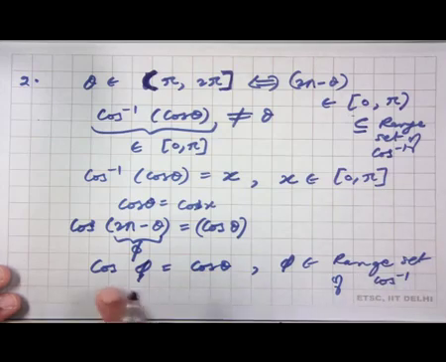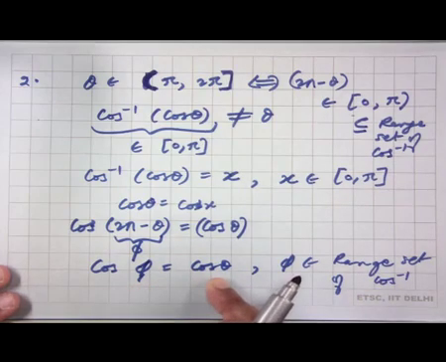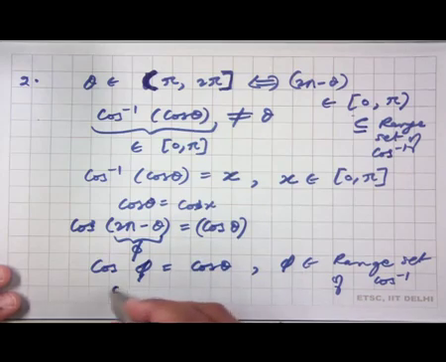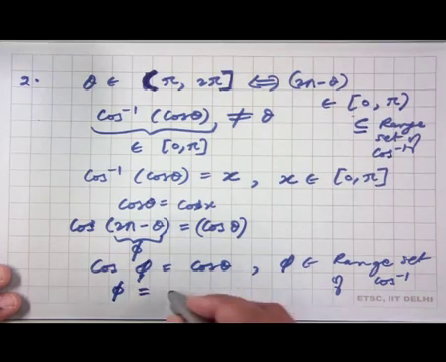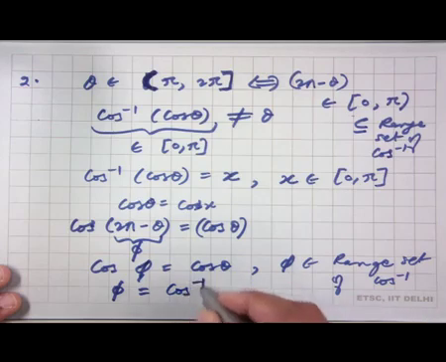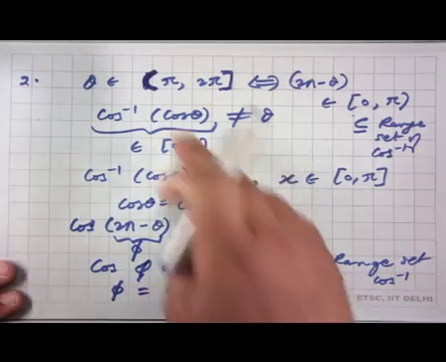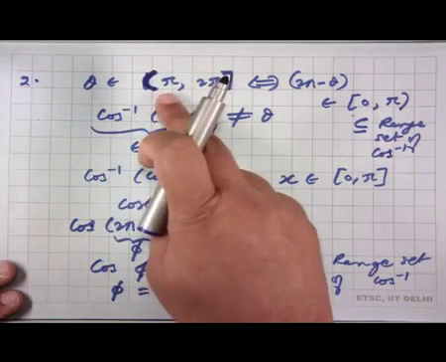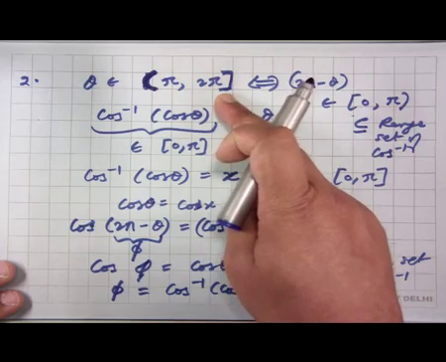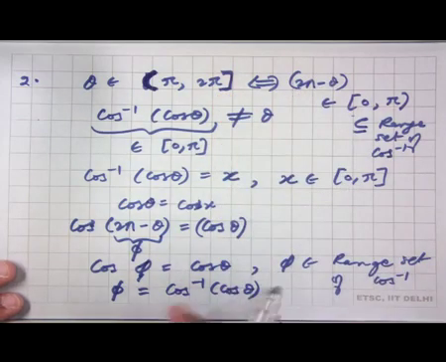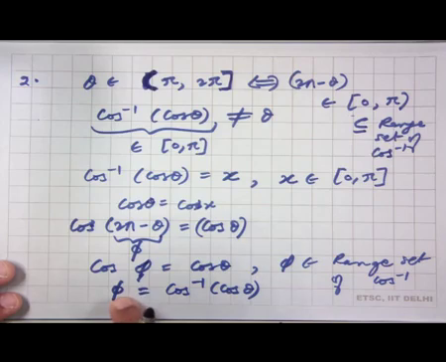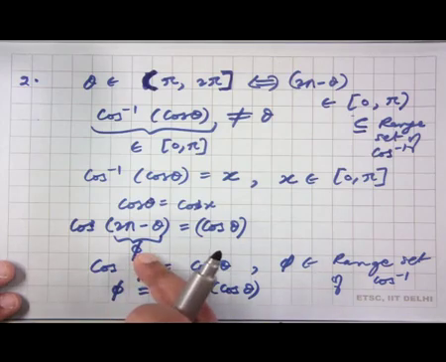Therefore, since cos phi is equal to cos theta, it is immediately clear that phi must be equal to cos inverse of cos theta. Hence, in this case where theta belongs to pi to 2 pi, cos inverse of cos theta is equal to phi, where phi is 2 pi minus theta.